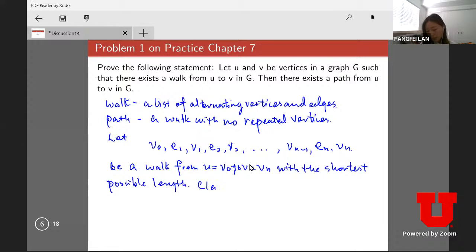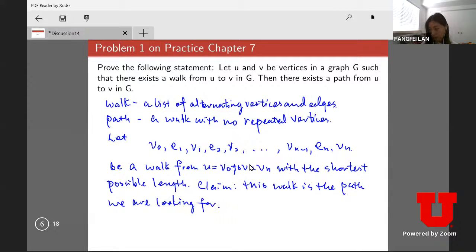So we claim this walk is the path we're looking for. Let's say this walk is W, okay?